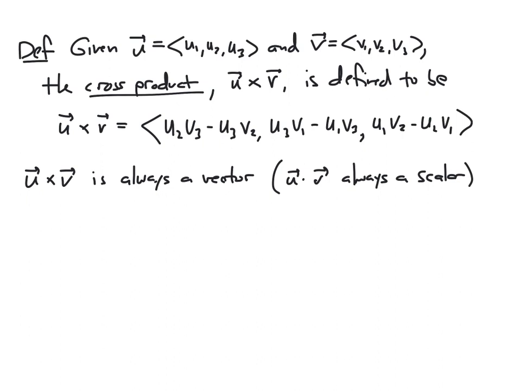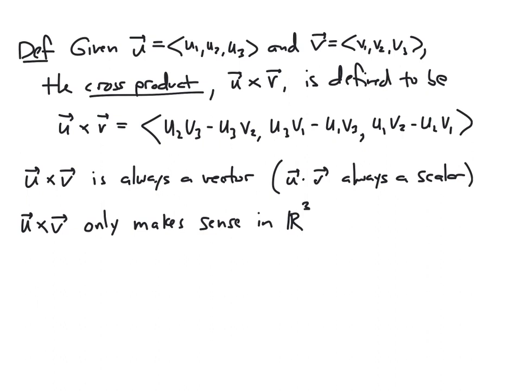The other thing to point out is, because the cross product is a vector which is orthogonal to both u and v, the cross product u cross v only makes sense in R3. So we cannot take the cross product of two vectors in R2.